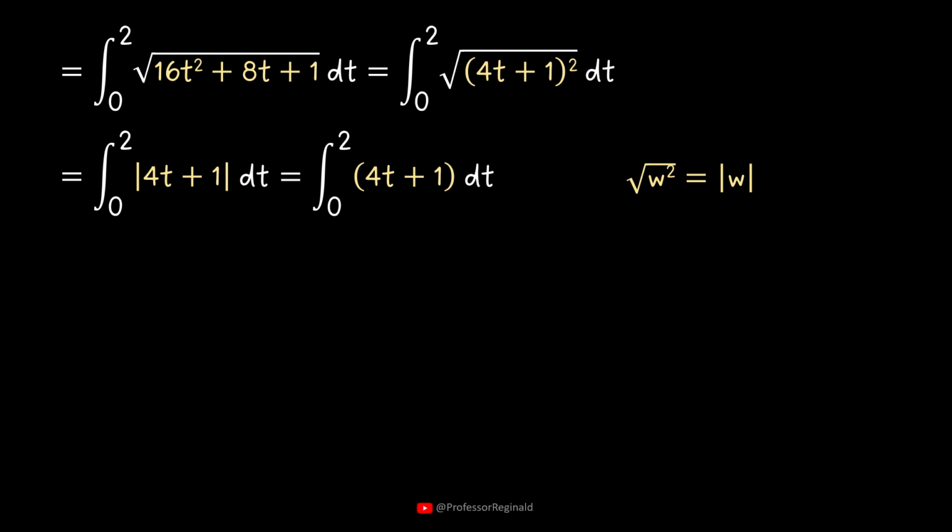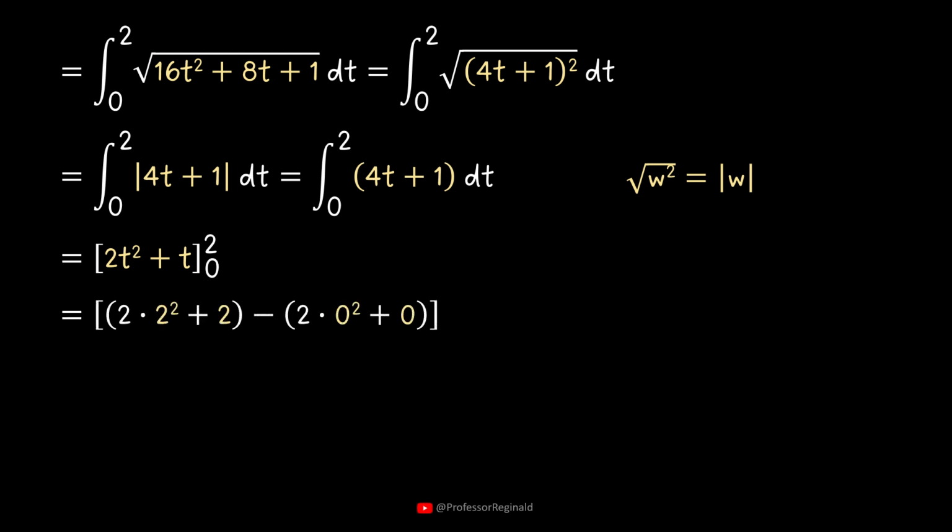And then integrate each term using basic integration rules. Evaluate using the fundamental theorem of calculus. Therefore, this is the length of the space curve from t equals 0 to t equals 2.